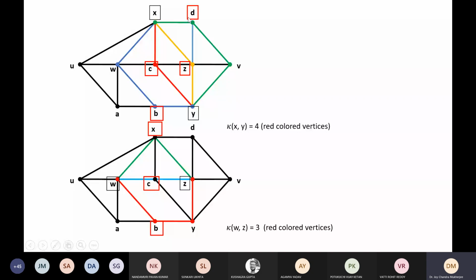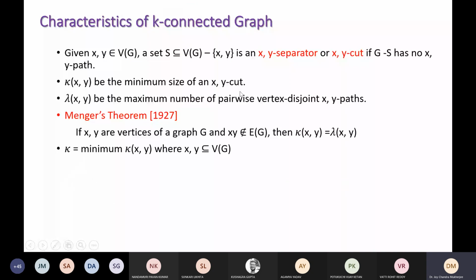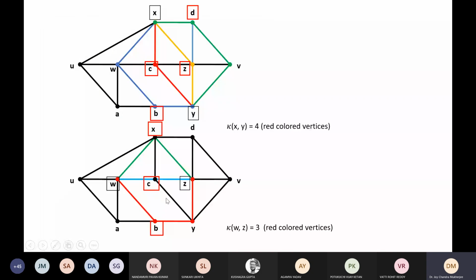So these are the red colored vertices. Okay, and also we see the lambda XY, what is lambda XY? Lambda XY is the maximum number of pairwise vertex disjoint paths. So minimum size cut जितना होगा उस same size का same number of pairwise vertex disjoint path मुझे मिलेंगे at most. जैसे same graph में मैं दिखाया हूँ कि यहाँ पे XY का kappa था 4, फिर अगर मैं W Z चूज करता हूँ then kappa WZ equal to 3.